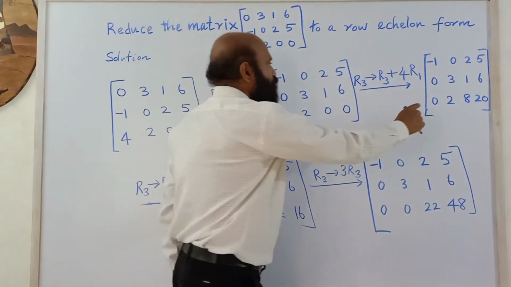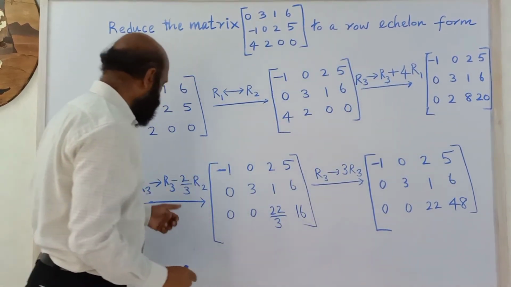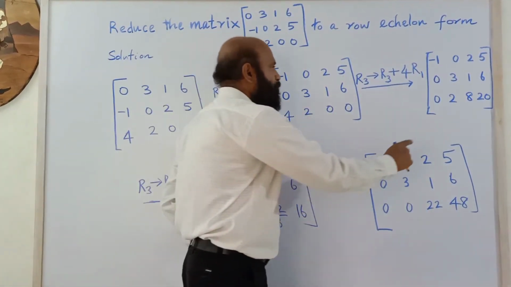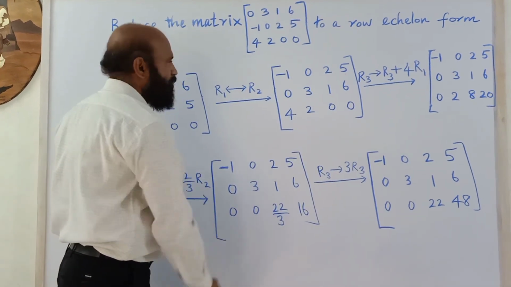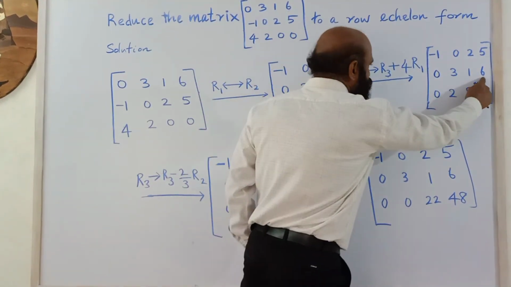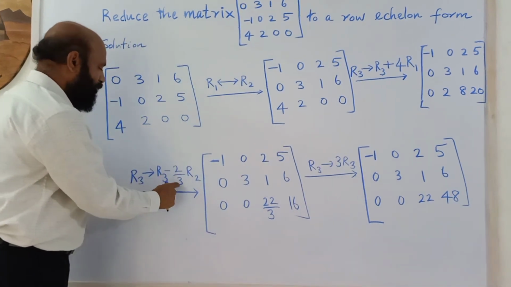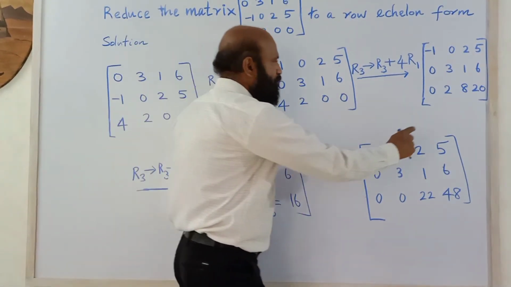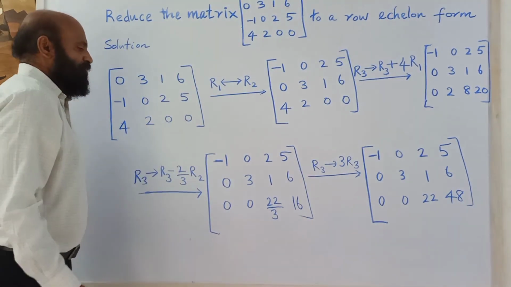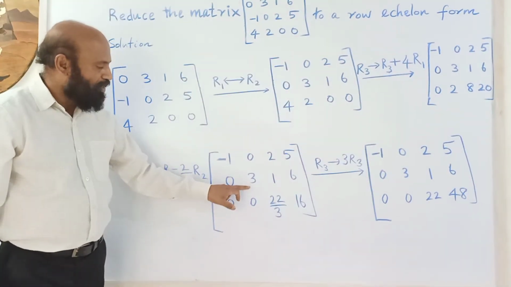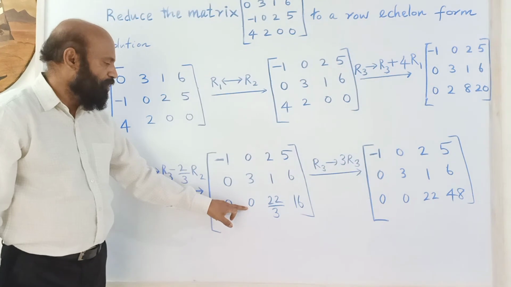Next, this 1 is to be multiplied by 2 by 3 and you have to subtract it from 8. So you will get this 22 by 3. Next, this 6 is to be multiplied by 2 by 3 and that is to be subtracted from this 20. So you will get 16. Now we got below this 3, 0.